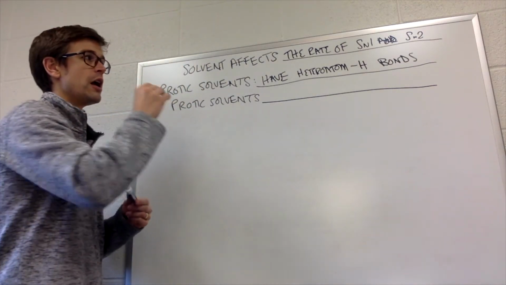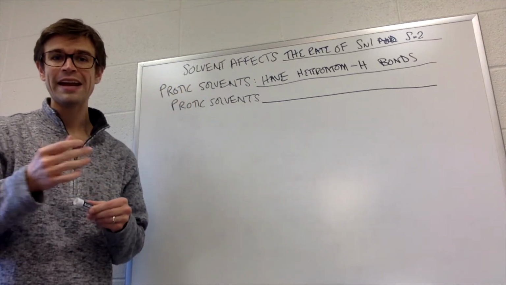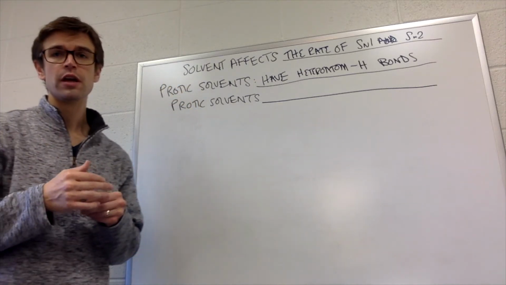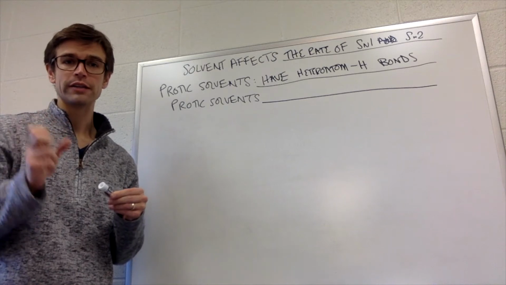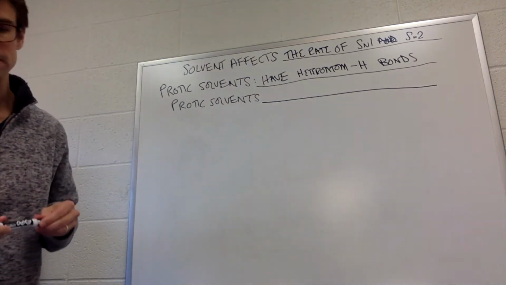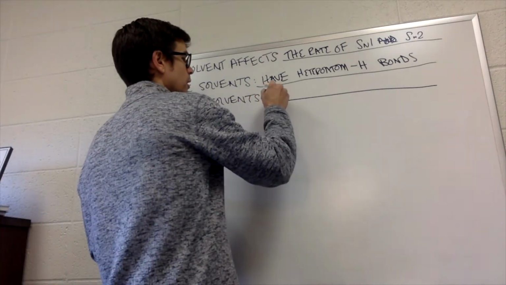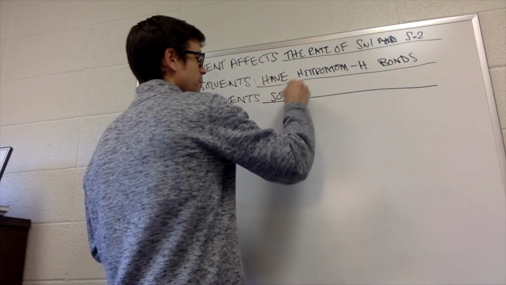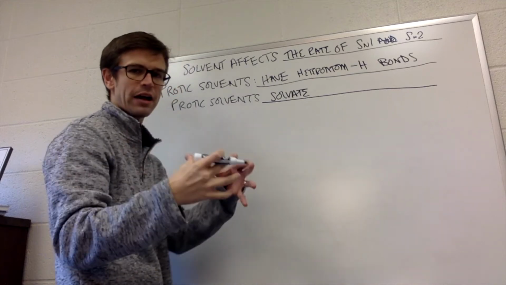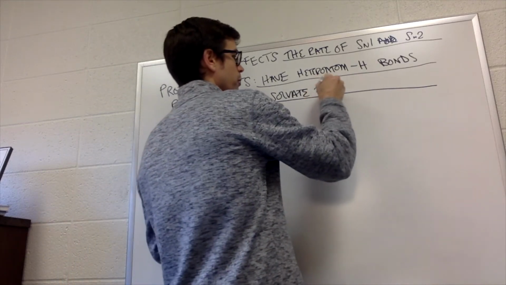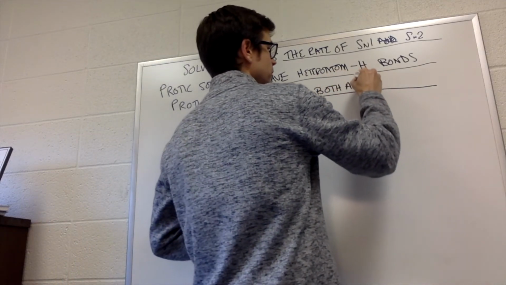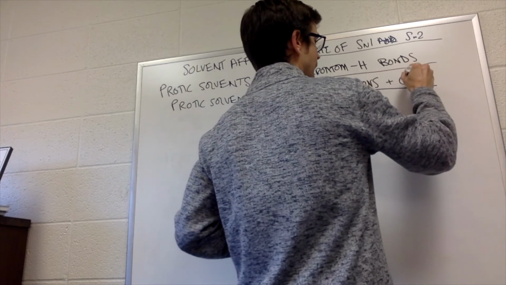So that would mean an OH bond or an NH bond. Both of those would make something a protic solvent. And it turns out that protic solvents solvate, which kind of means they bind with, both anions and cations.